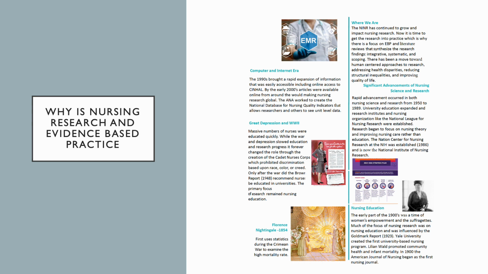There were rapid advancements in nursing research from 1950 to 1989. University education expanded, and research institutes of nursing organized, like the National League for Nursing. We then got the National Center for Nursing Research at the National Institutes of Health in 1986.